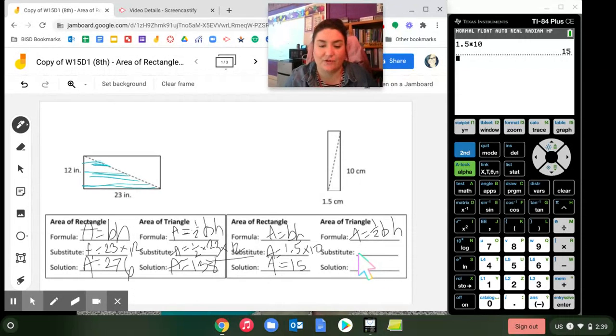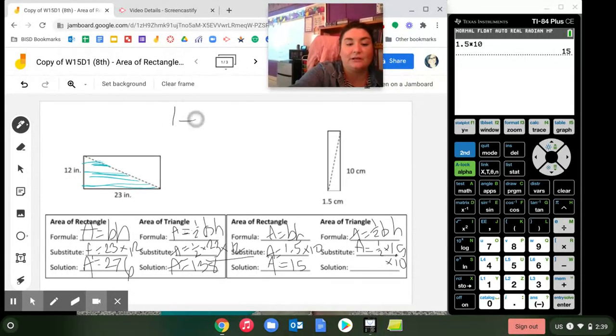Now, here's where the 1/2 comes in. A equals 1/2 times 1.5 times 10. So here are all the ways I can type it in my calculator. I could type in 1 divided by 2 times 1.5 times 10.